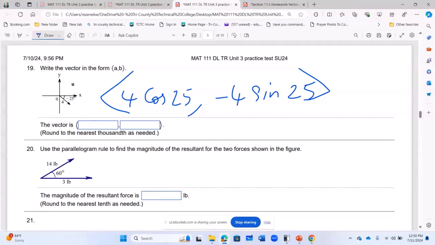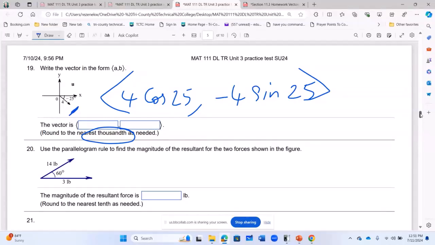Then I can be told to write it in component form, then I multiply, leaving my answer to 3 decimal places. But you have to remember that if the vector is in the 4th quadrant, then all students take calculus, the unit circle applies. The unit circle applies to vectors too.